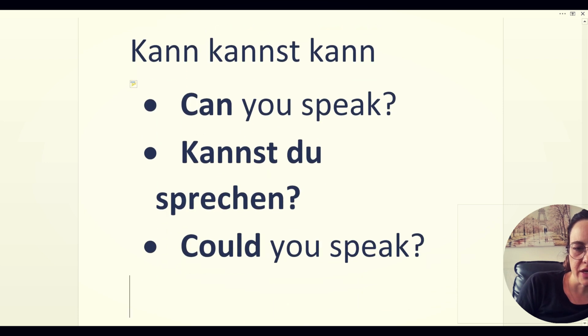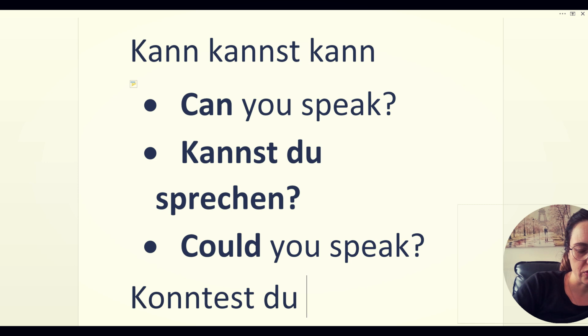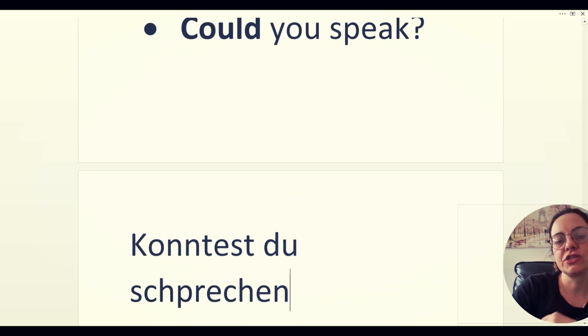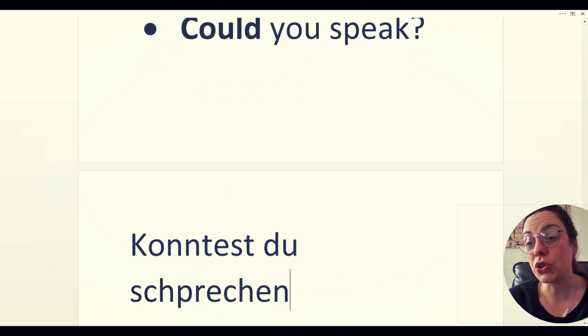And here we usually use something else, which is Präteritum. Konntest du sprechen. We don't use it with "hast du gekannt" or "hast du gesprochen, können". We use "konntest du".